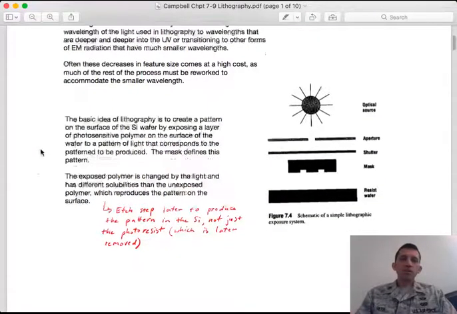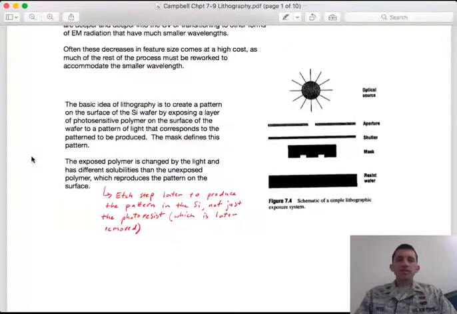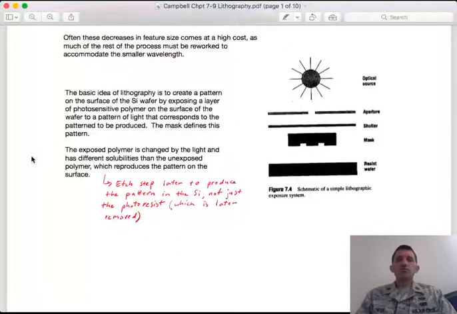As we'll see later on in this lecture, it's the wavelength that dictates the ability to reproduce a certain pattern on the surface, and that's just due to the wave nature of the light.